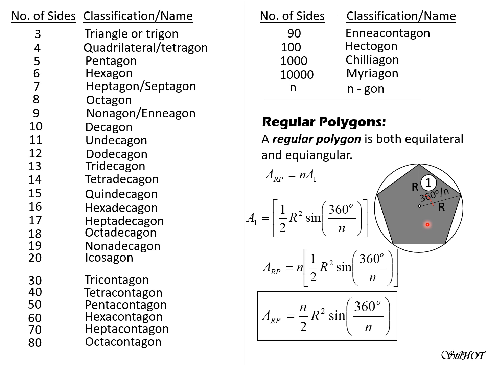And remember that the area of a triangle is 1/2 the product of adjacent sides times the sine of the included angle. So the area of the regular polygon, in terms of the radius of the circumscribing circle, is n times 1/2 R squared sine of 360 degrees over n.